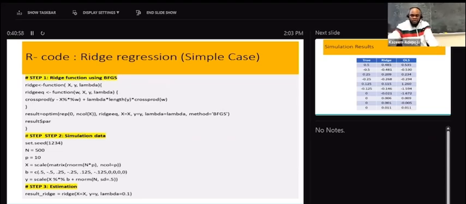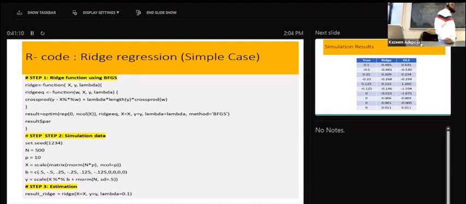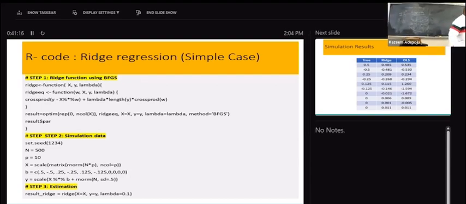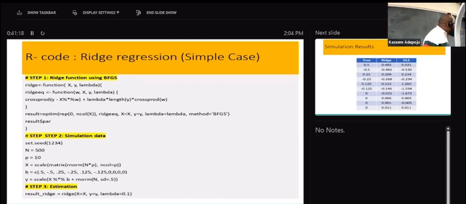Now, if you see B, do you see B? 0.5, negative 0.5, 0.25, and I deliberately put 0, 0, 0. Take a look at that. Why do I deliberately put 0, 0, 0? I'm already saying some variables are not important. If a variable has a coefficient of 0, it is not important.